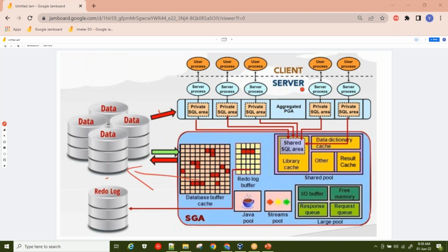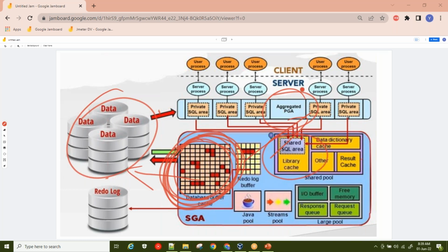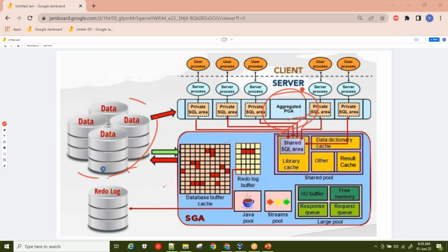Whatever writing or reading happens will always happen through the database buffer cache only. It is like an intermediate between the data storage and the PGA or SGA activities. Nothing will go to the storage disk without crossing the database buffer cache. Only read activity can happen directly from the PGA.